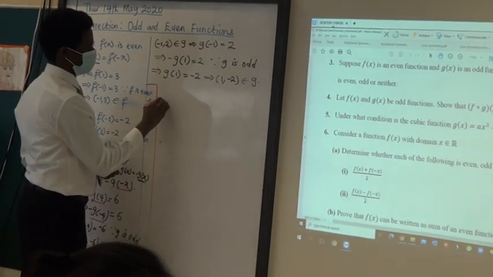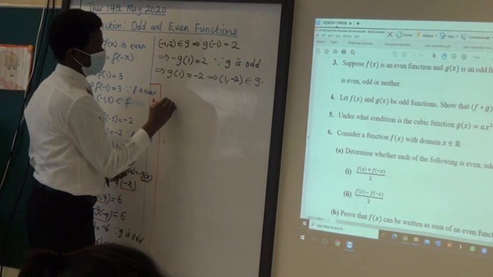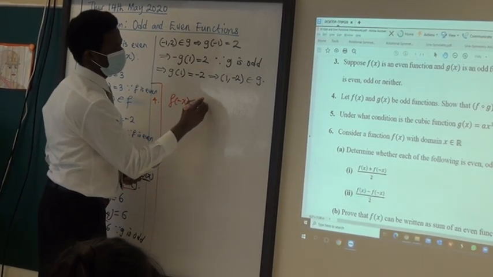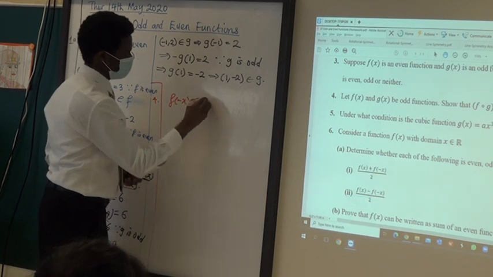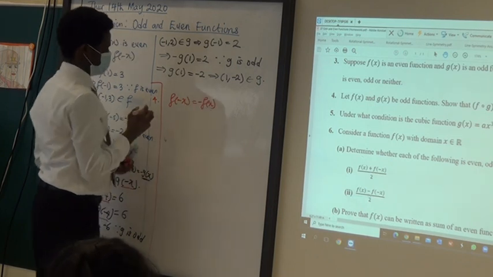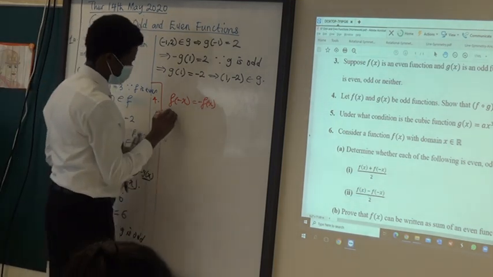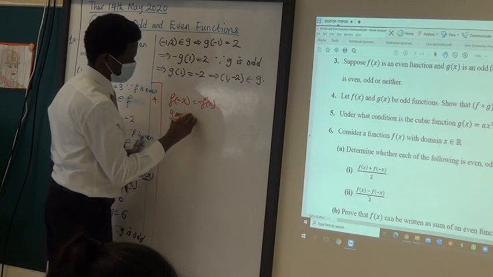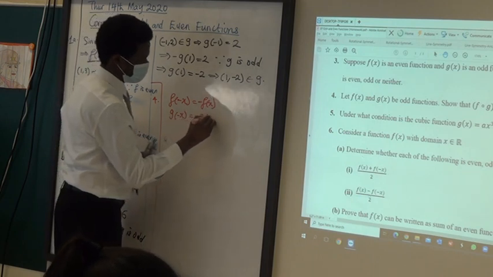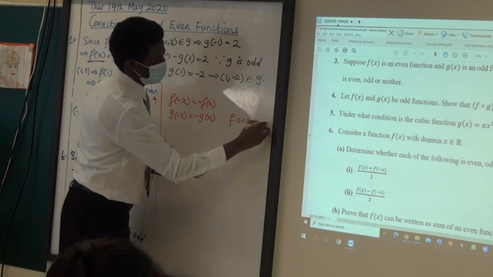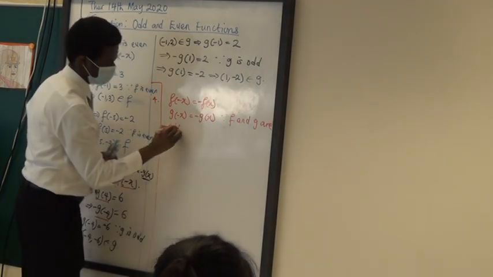It means we know that f of minus x must be equal to minus f of x. And g of minus x is equal to negation of g of x, since f and g are odd functions.